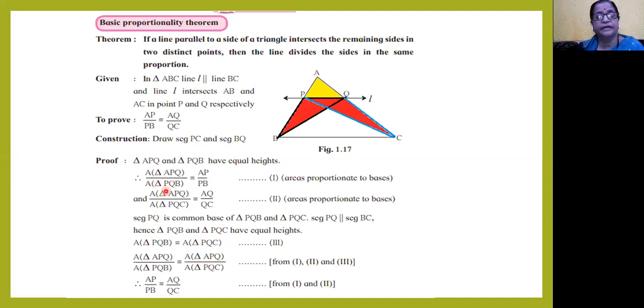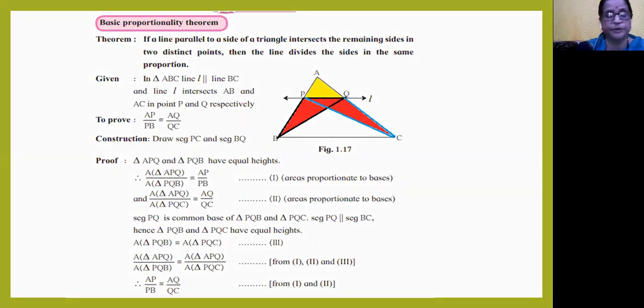The left sides of both these equations are equal, so the right sides are also equal, and you will see that there is proportionality here. From 1, 2 and 3 we get AP divided by PB is equal to AQ divided by QC.